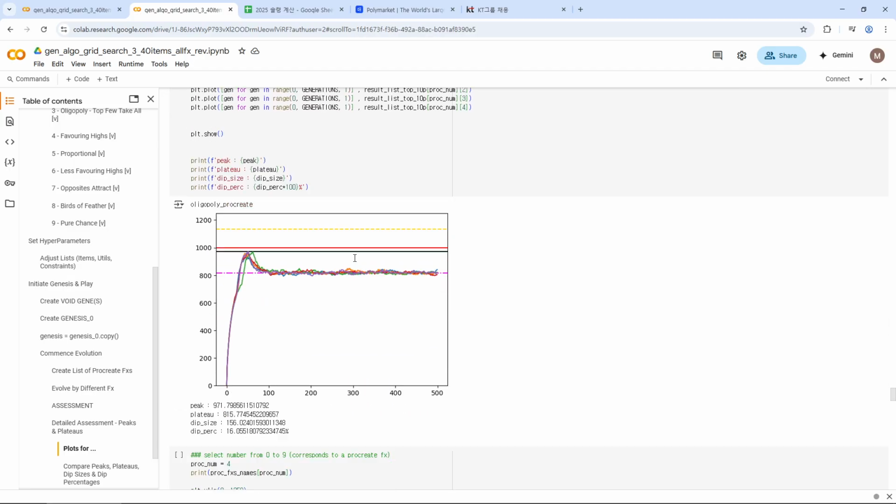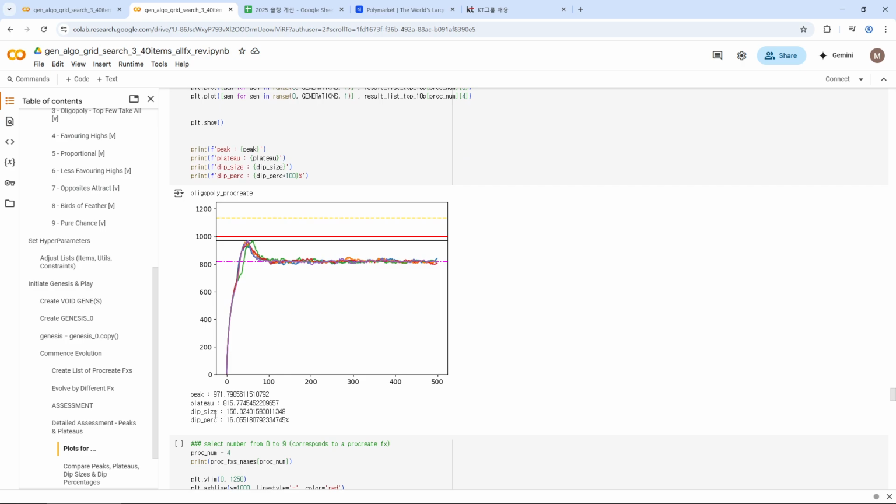And the plateau is at 815, the dip size is 156, and the dip percentage is 16%.